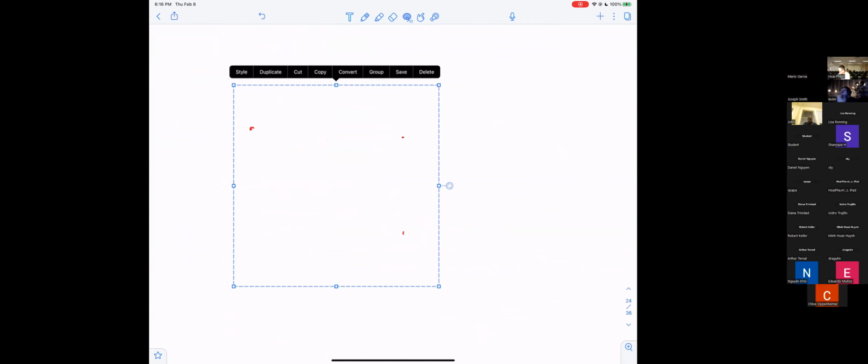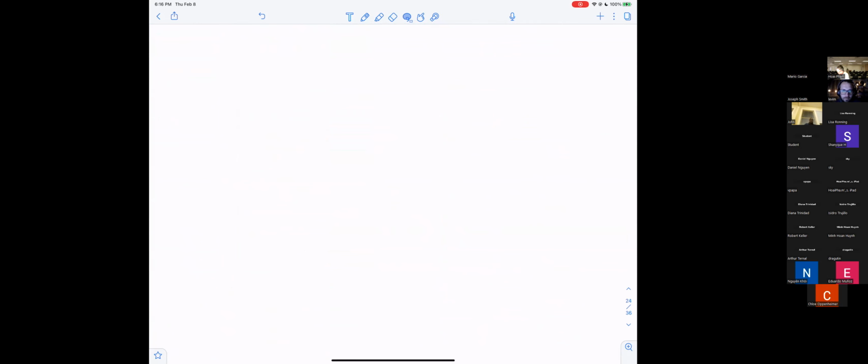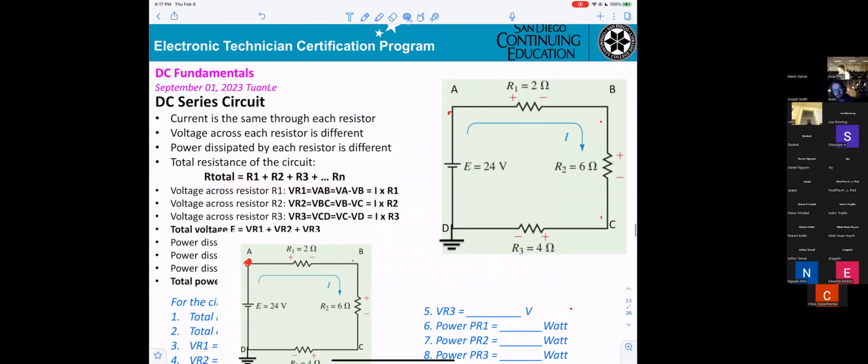Did you click paste image or just paste? Try paste image. Right click. No? Copy again. Maybe there's some kind of a lock. Now I click copy, it should copy.